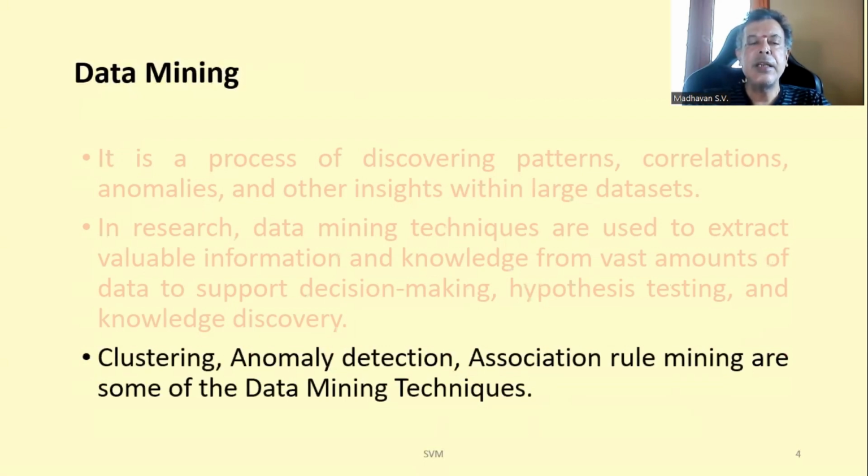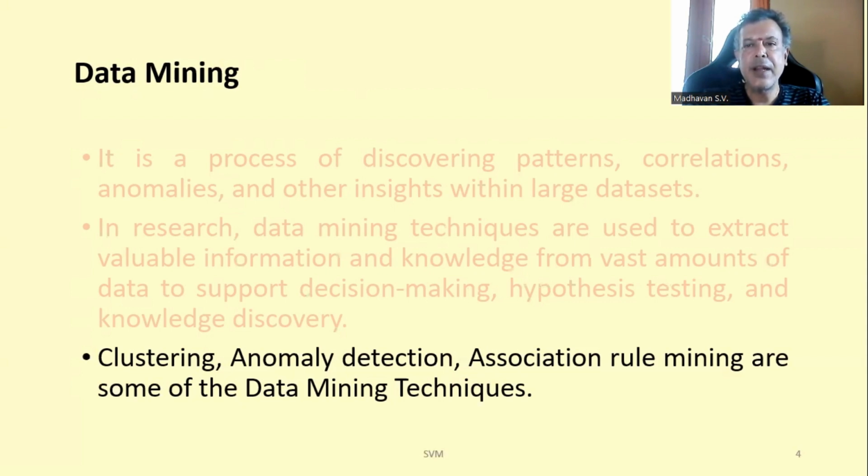Clustering is an activity done in marketing, where you try to find the market segments or market structures. Data mining helps you in doing that. Anomaly detection, for example, identifies the extremes in any data.